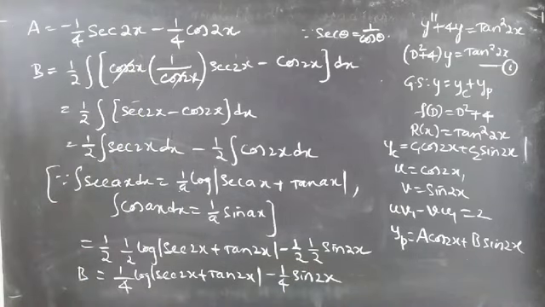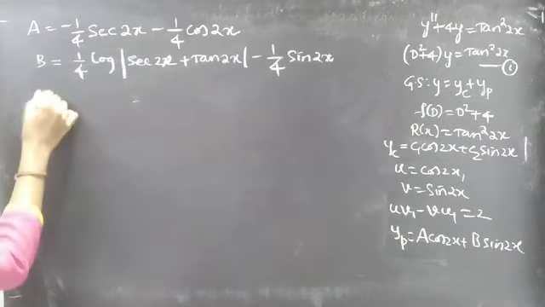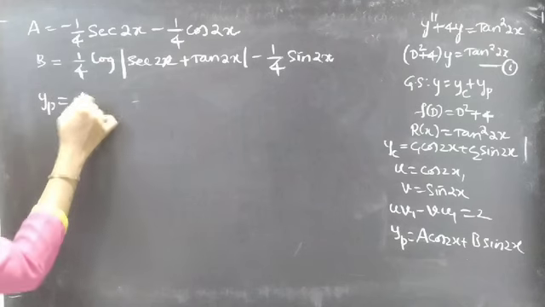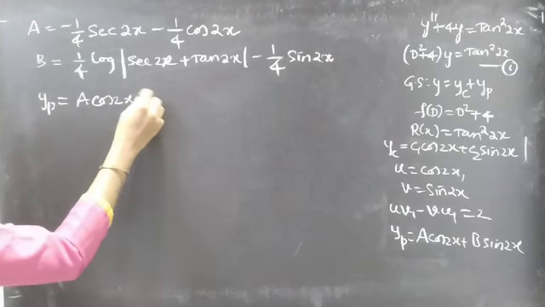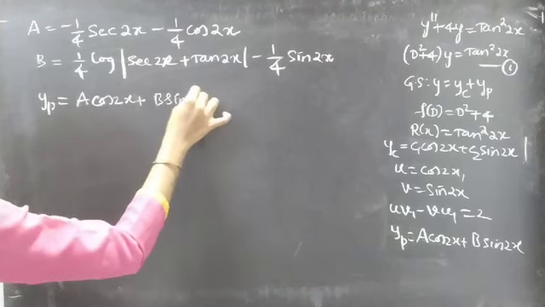So we got a and b. Let's now find yp. Now coming to yp, we have yp equal to a cos 2x plus b sin 2x.